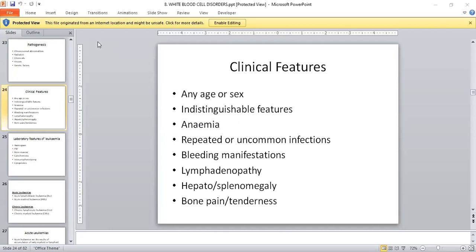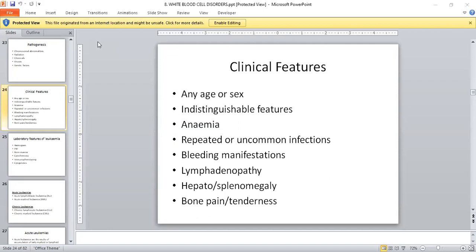So some of the infections that you will not find people complaining about, because the immunity is able to fight them in a normal state, you now find them complaining of such infections, or being diagnosed with some of these infections. You can also have bleeding manifestations, lymphadenopathy, hepatosplenomegaly, and then bone pain or tenderness.